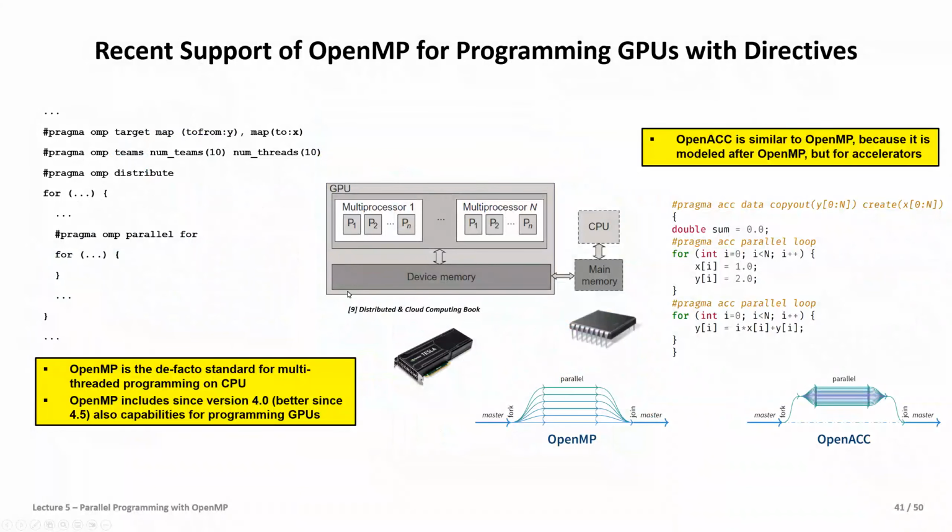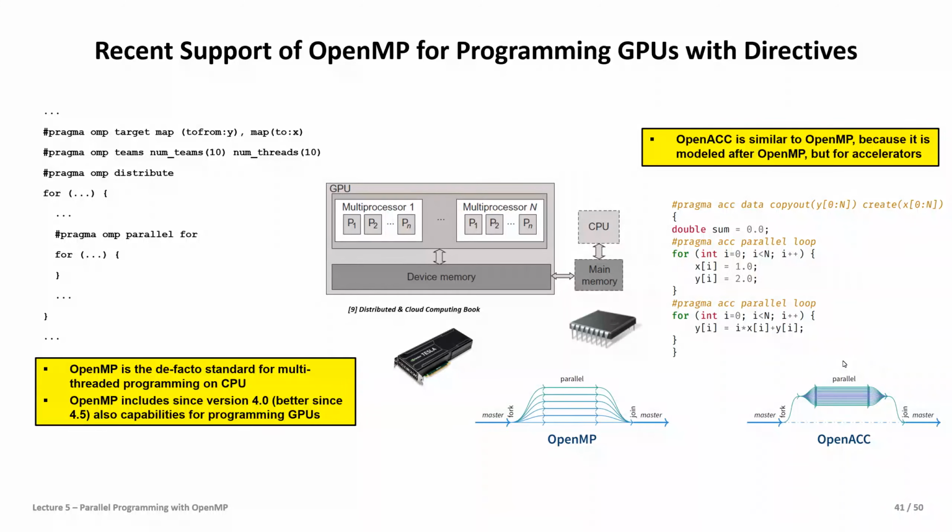And then at the end, let's look a little bit at how it works with programming GPUs. We also touch on this a little in lecture 6, so this is very short. The idea of parallelism that we discussed, with a master thread forking several parallel regions and then joining again, reminds us a lot of how we would program GPUs, right? There would be some computation on the CPU, and at some point in time I want to use the accelerator and do things in parallel.